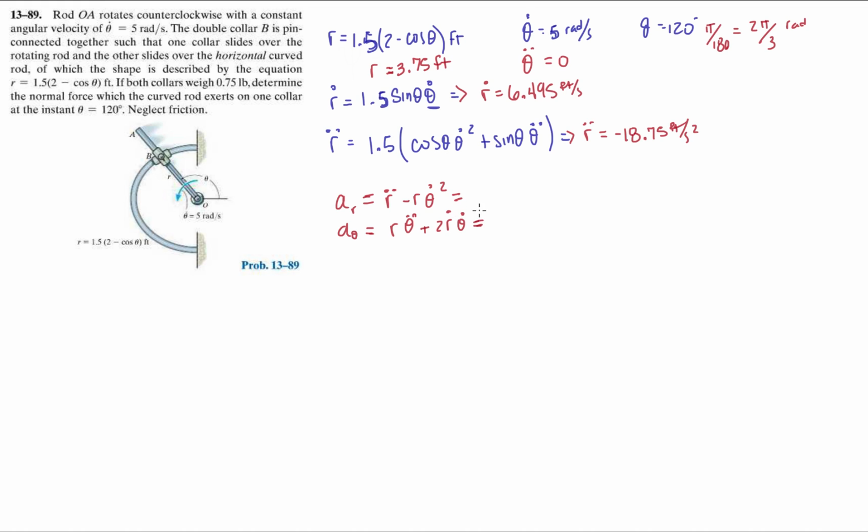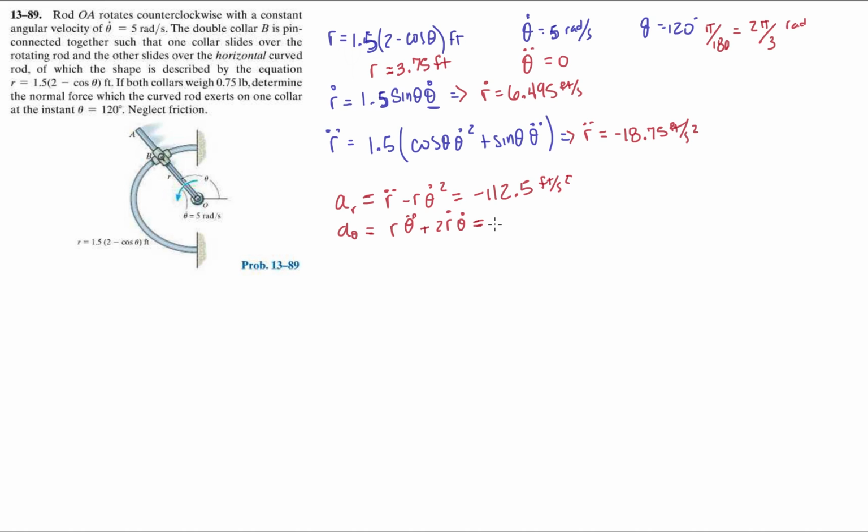I hate saying memorize them, but it's kind of useless. You should always be able to go back and look at what the equation is. You just have to know how to apply it. So when we plug in all the numbers that we have, r dot, r double dot, theta dot, theta double dot, we have everything needed to calculate accelerations, and we end up getting minus 112.5 feet per second squared.